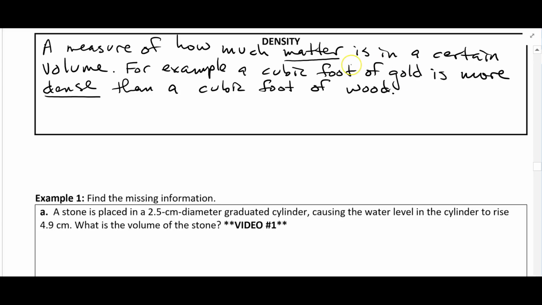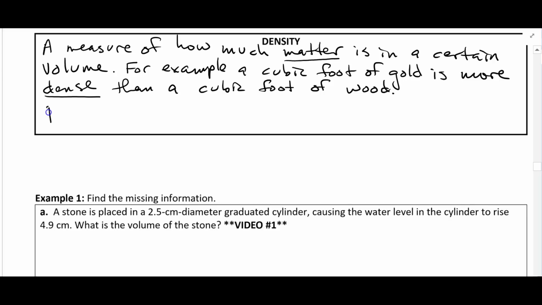So if you think about a cubic foot of gold, that would be really, really heavy, but a cubic foot of wood probably wouldn't be that heavy. Okay, so we're talking about the amount of material in a certain volume of that material.